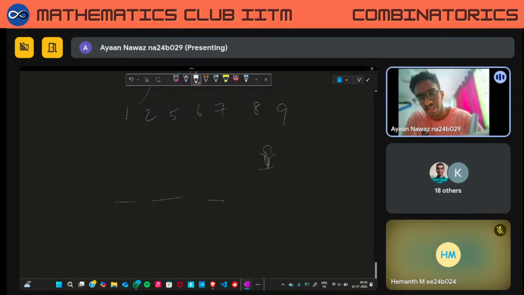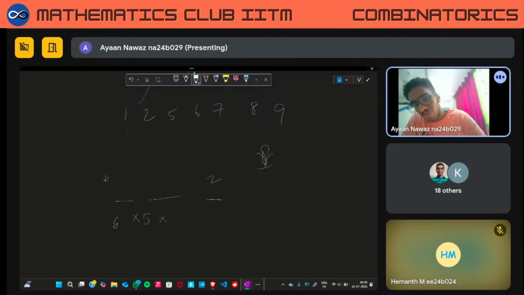Suppose we fix the last digit as 2, then we have 6 ways to fill the first place and 5 ways to fill the second place, because we've only chosen one digit. And we have only 3 ways to fill the last place, because there are 3 even digits, 2, 6, and 8. So 6 into 5 into 3, that is 90. So whoever got 90, that's the right answer.